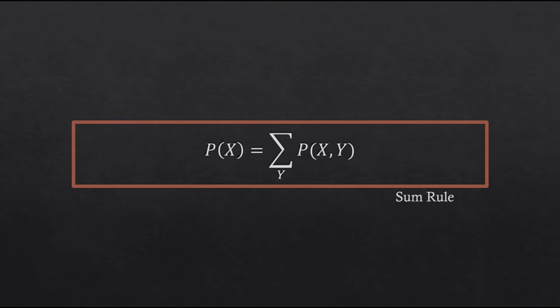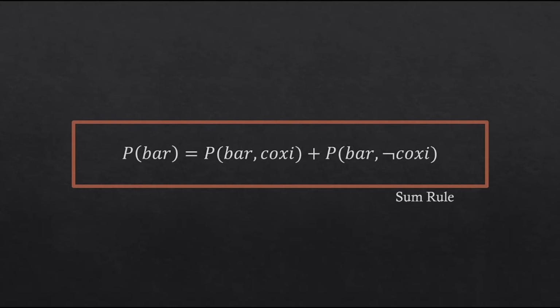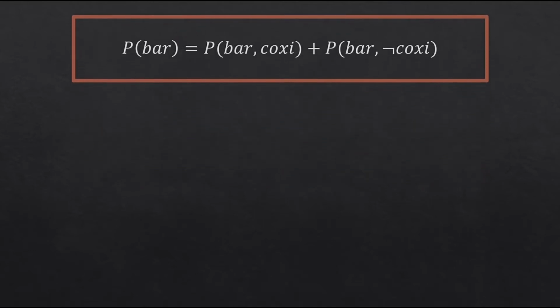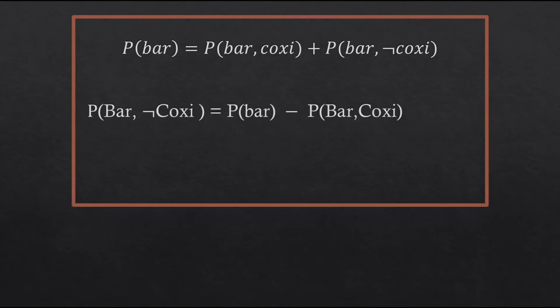Alright, and what about the people at the bar who do not study Coxi? For this question, we use the sum rule, which we have also already seen in the lecture. This inserted with our variables would look something like this. So now we can transform the rule to calculate the probability that someone frequents the bar and is not a Coxi.